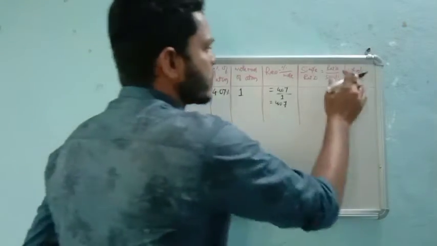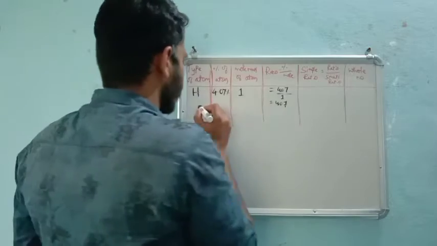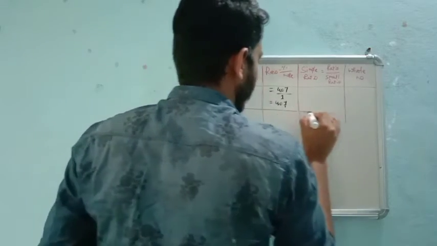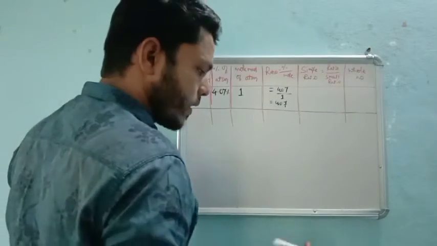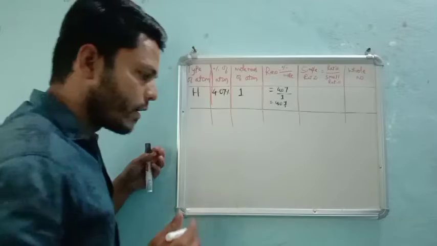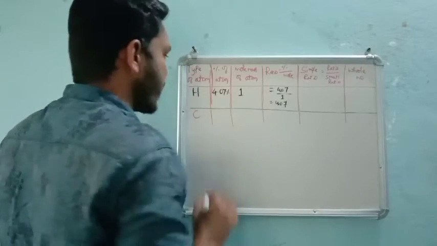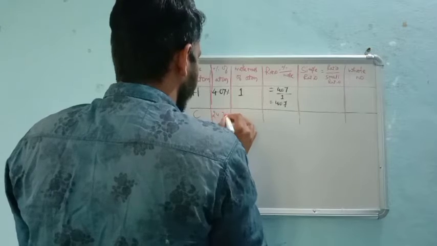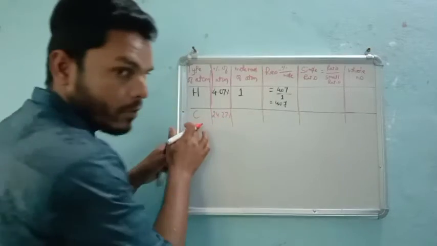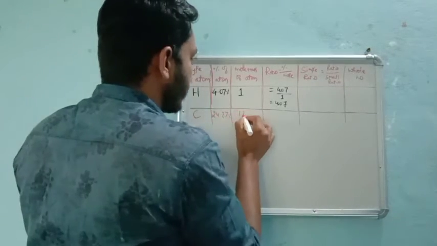Don't go for the simple ratio yet, later we will do it. So this is about one element. Next they have given carbon, whose percentage is 24.27%, and the carbon molecular mass, we already know, is 12, right?